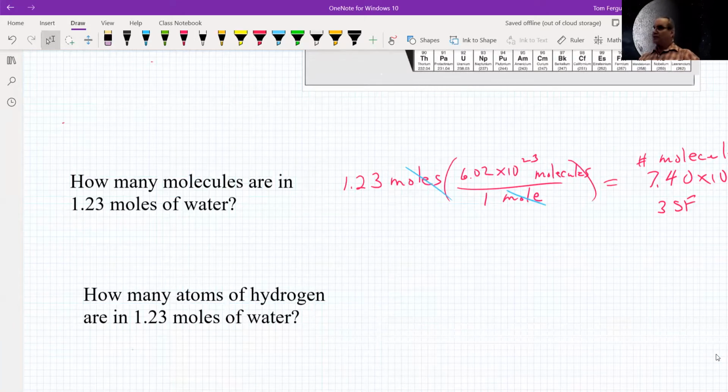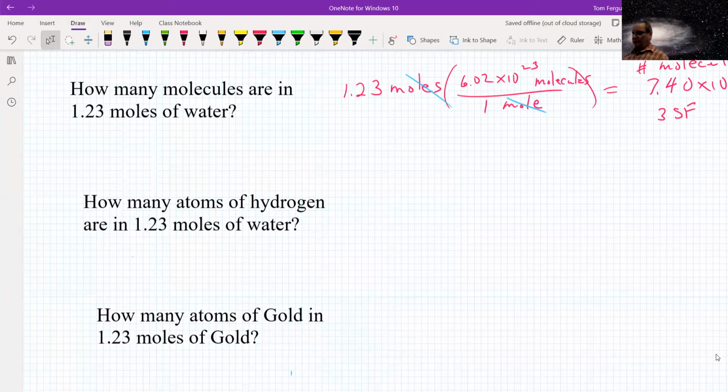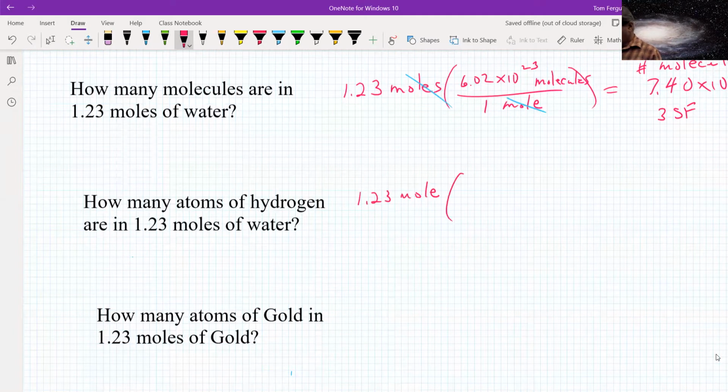Let's do one that's a little more sophisticated. How many atoms of hydrogen are in 1.23 moles of water? Okay, how many atoms? Again, we're counting. That means it's going to be Avogadro's number. So the first thing we need to do is convert it to the number of molecules.